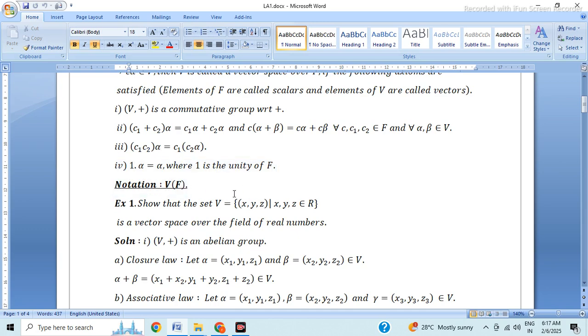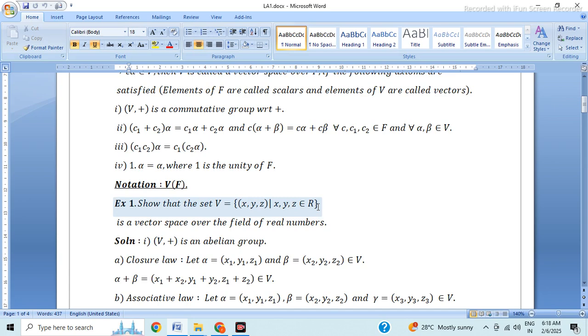Now we will move on to some problems. For rings we were doing problems also: if it is defined, how we will prove that it is a ring. Here it is like that for a vector space, that means we should show all the conditions. First, we consider one example.